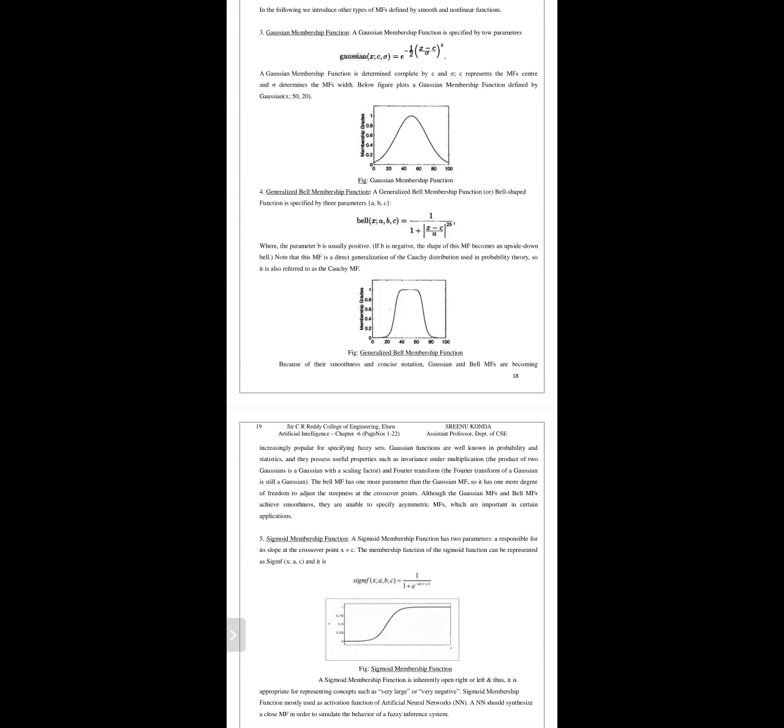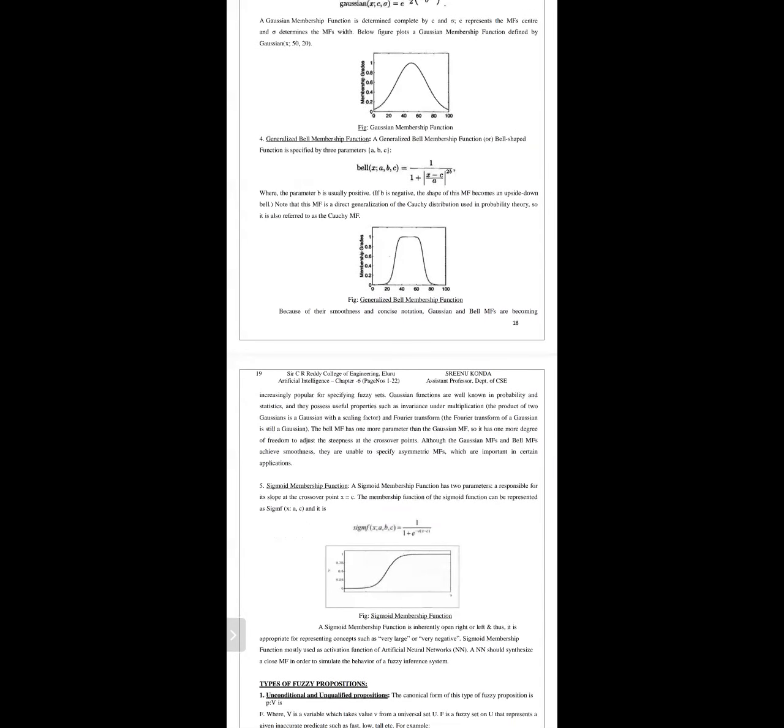Next, the Bell membership function has one more parameter than the Gaussian membership function, so it has one more degree of freedom to adjust the steepness at the crossover points. These two, the Bell and Gaussian membership functions, are smooth compared to the previous two, triangular and trapezoidal.